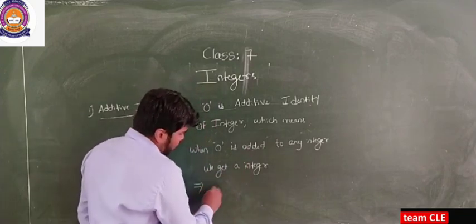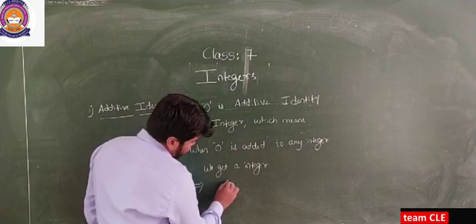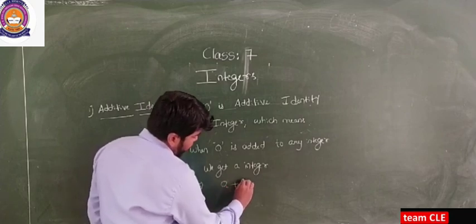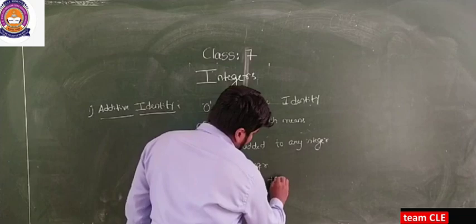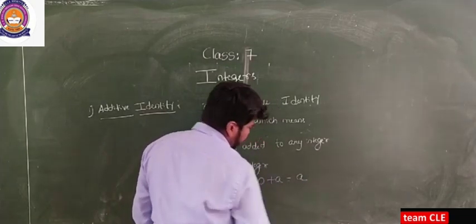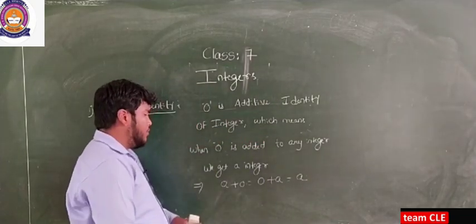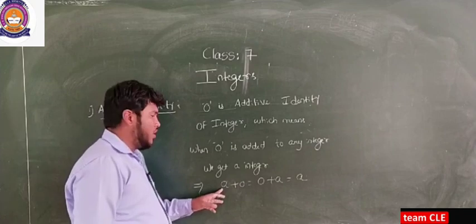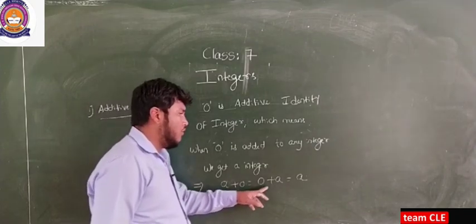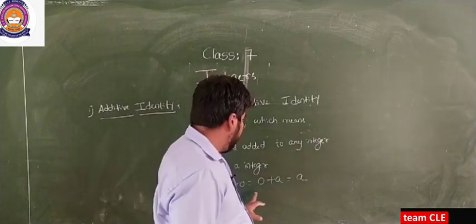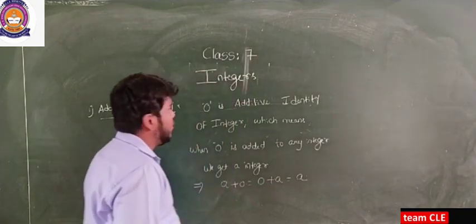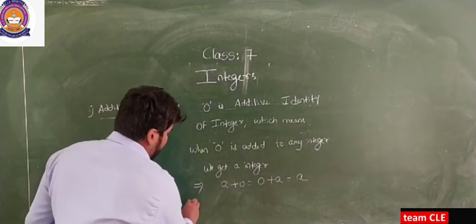So I choose a plus 0 or 0 plus a, which is equal to a always. Any integer, if added with 0, we always get the same integer. Means we can say 0 is the additive identity of integers.